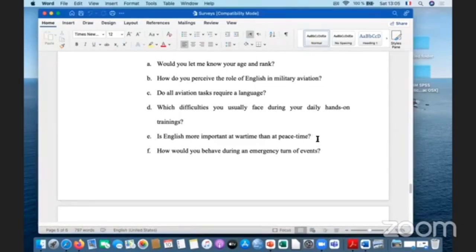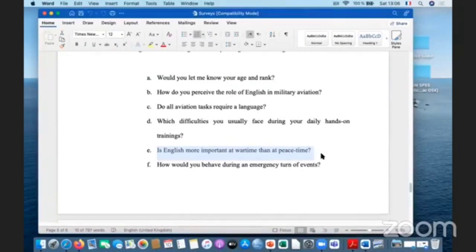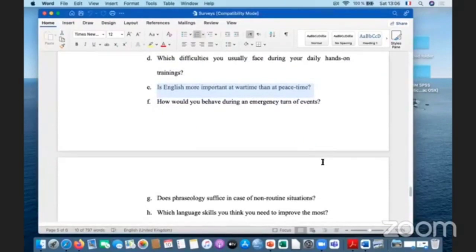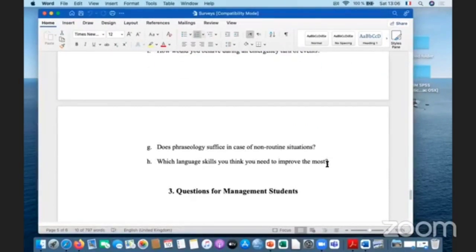This is open-ended, of course, because it requires a kind of conversation, a kind of interaction between the researcher and the aviator. How would you behave during an emergency turn of events? This also requires an open-ended question. Does phraseology suffice in case of non-routine situations? Which language skills do you think you need to improve the most?